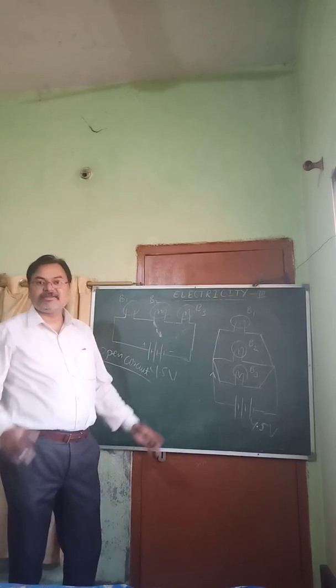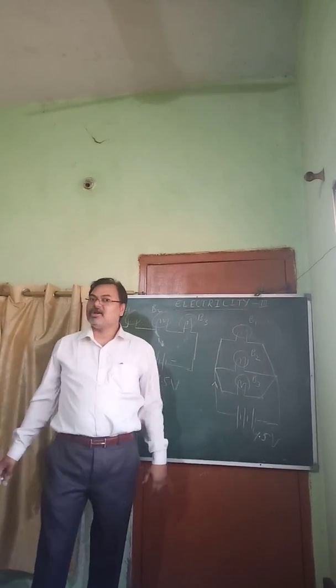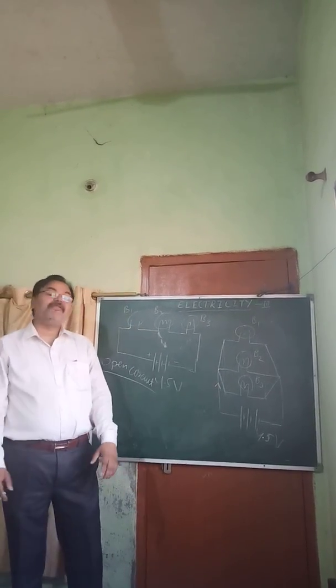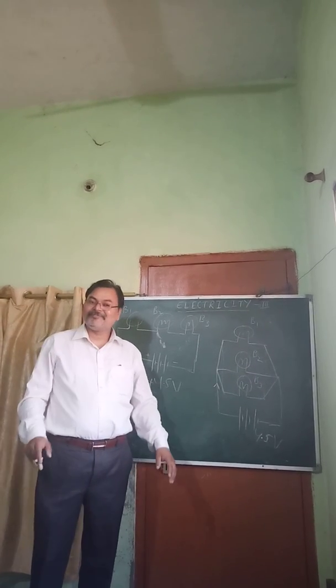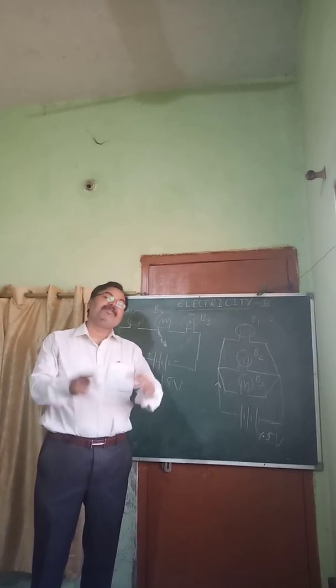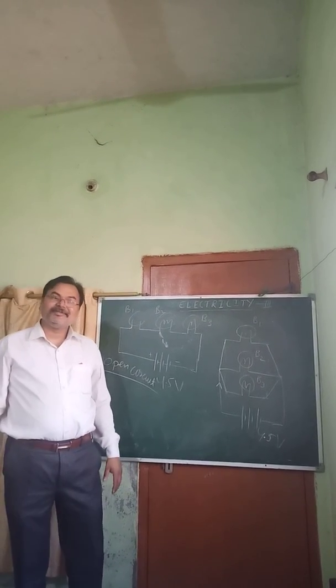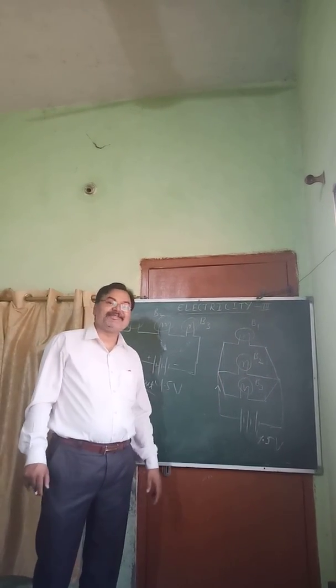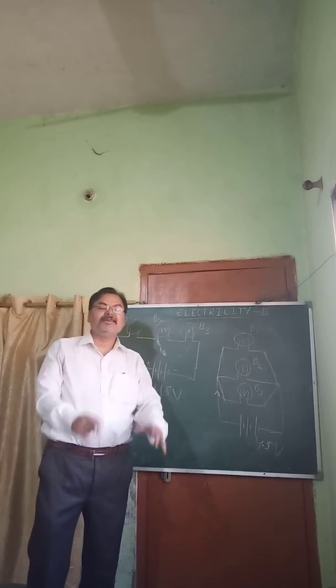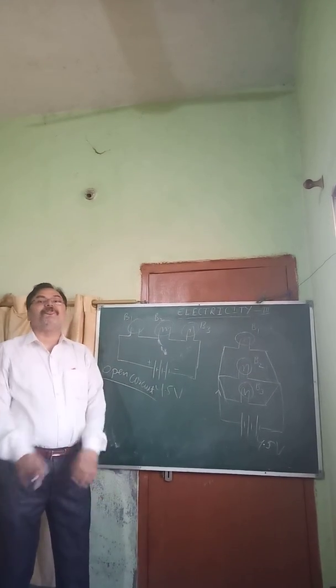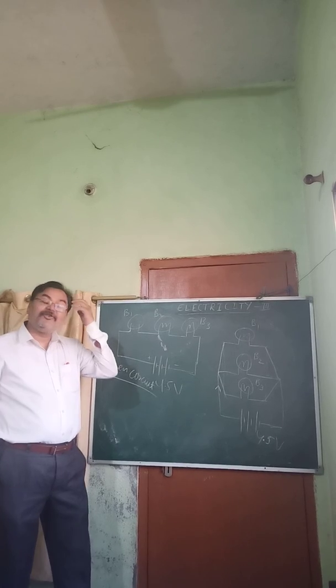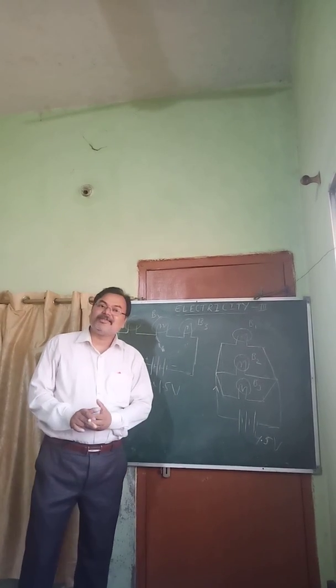It can be any device, fan, refrigerator, AC, anything. Other devices don't stop working because it's parallel combination, so all others are getting the potential difference to work. But if you connect them in series, if one is blown off, all will be switched off. So that is the advantage of using parallel combination in the household circuits.